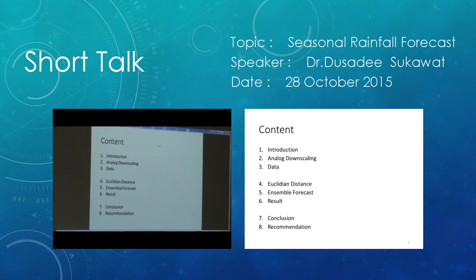So if you look at the top 500 supercomputers in the world, about half of the top 10 supercomputers will be used for weather and climate forecast, and about another half is for military, like nuclear weapon or energy, nuclear simulation, something like that.